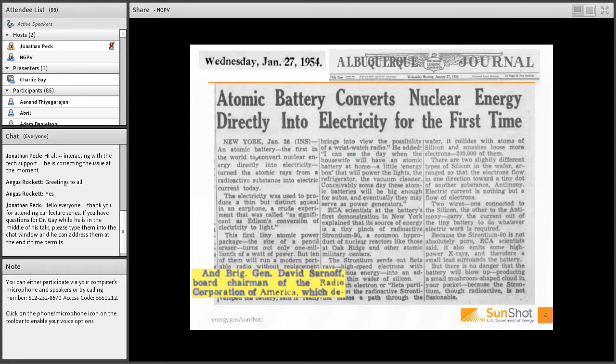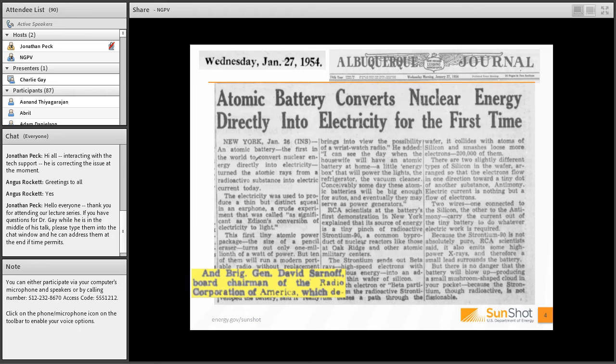not a whole lot happened between 1940 and January of 1954, but in January of 54, the Albuquerque Journal and then subsequently a number of other newspapers carried an article highlighting that David Sarnoff, who was at the time chairman of RCA, said that solar cells had been discovered as a way of basically converting beta rays or decay particles from nuclear waste materials into electricity.